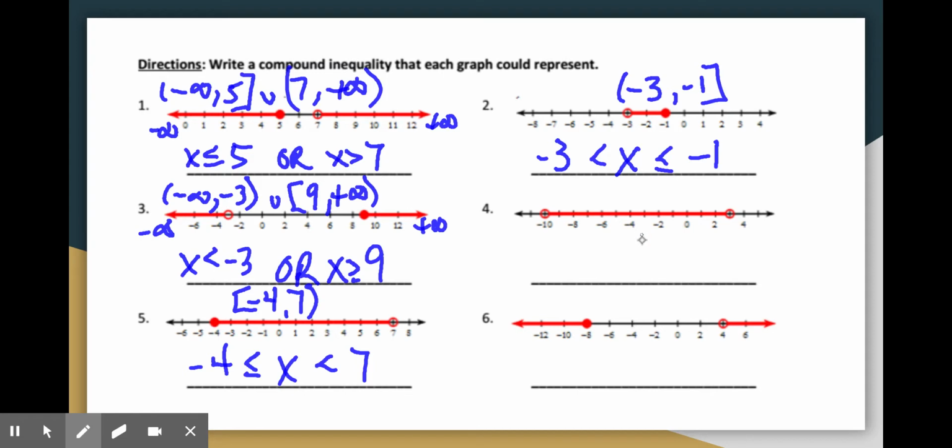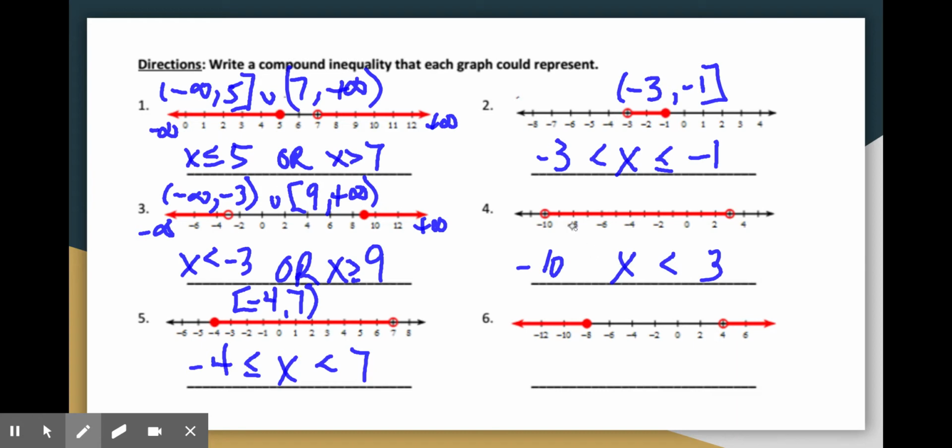Okay, and one more with the ands just to make sure. They're the tougher ones to write. X is in between the answers. My answers are 3 and -10. Okay, we have x is smaller than 3, open circle.